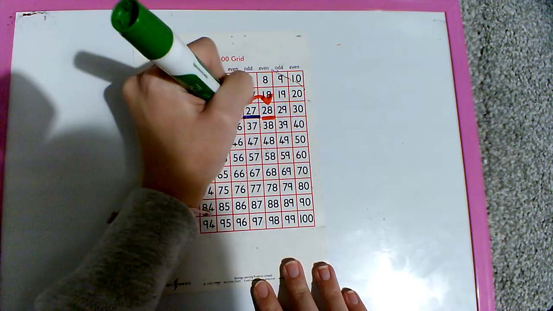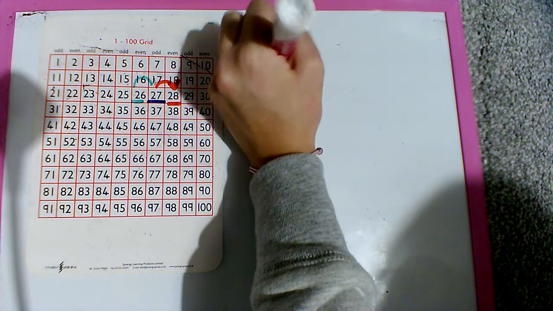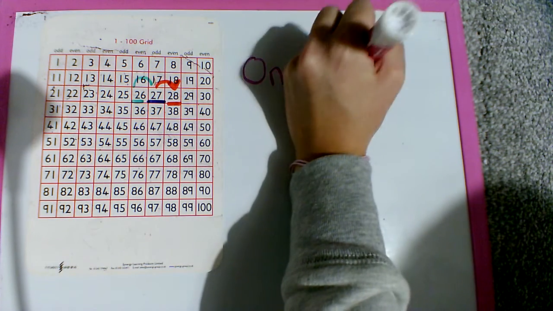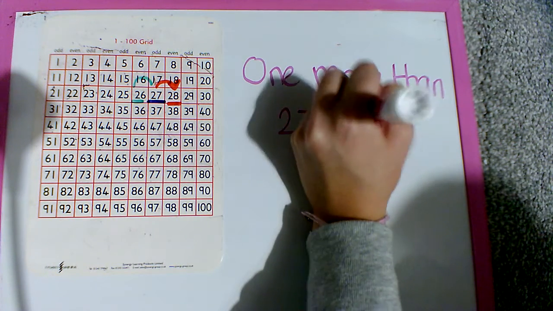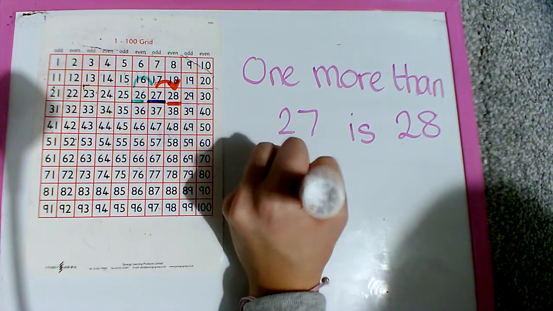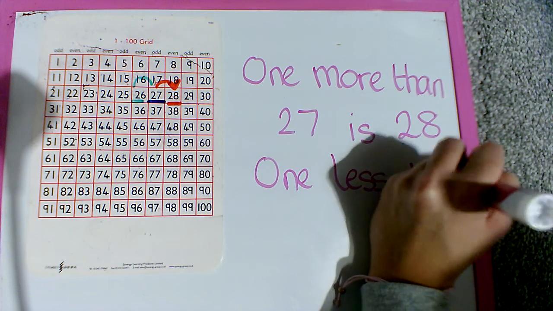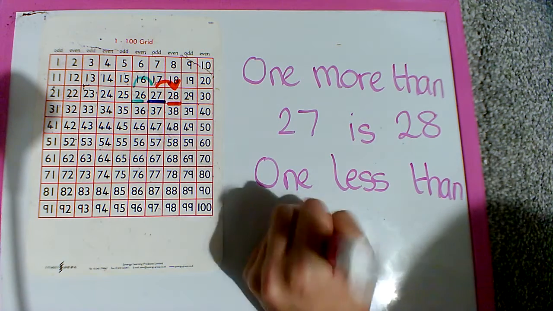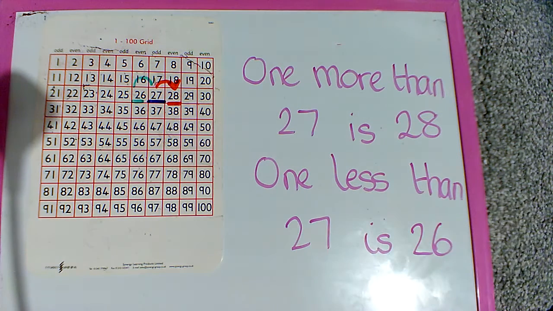So 1 less than 27 is 26. So 1 more than 27 is 28, and 1 less than 27 is 26.